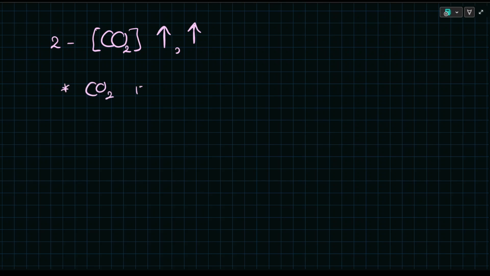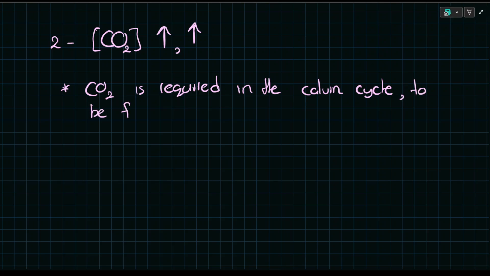Now this is required for the Calvin cycle, which is the light independent stage. Fixed by, you should be able to answer this right now. This would be Rubisco, the enzyme Rubisco. What does CO2 combine with?